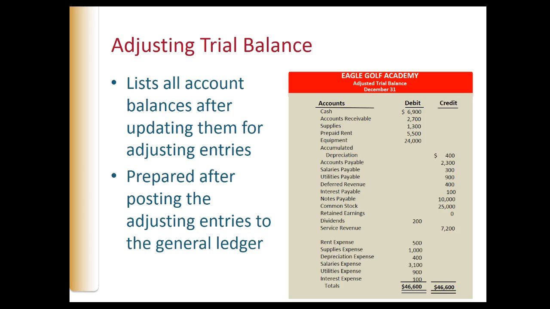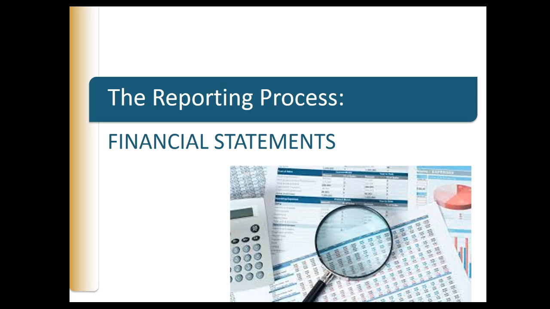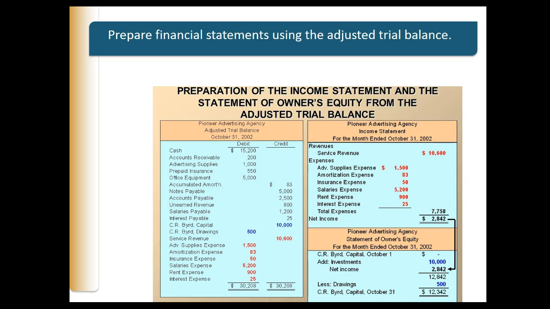And now that all the account balances have been adjusted and are at their final amounts, we're ready to prepare financial statements. Financial statements are prepared from the adjusted trial balance. Once the adjusted trial balance is complete, our next step is preparing financial statements using it.